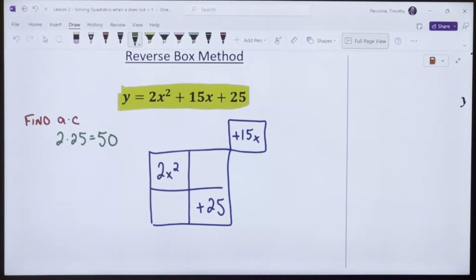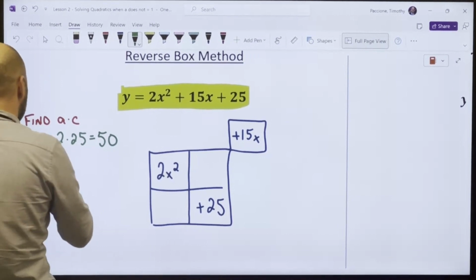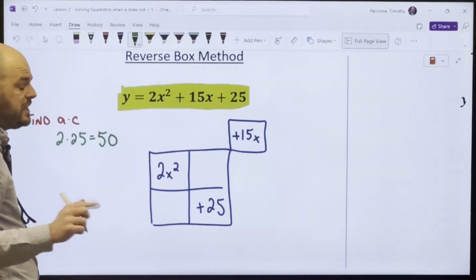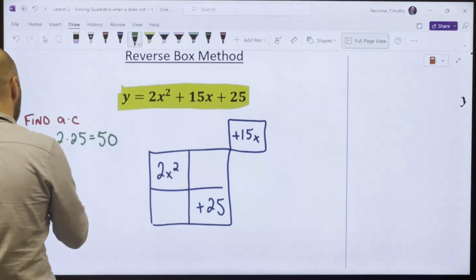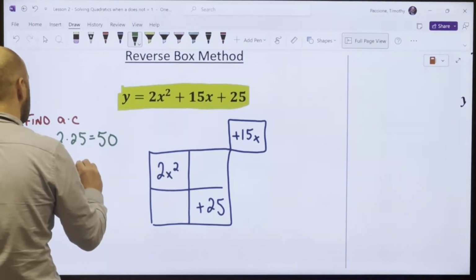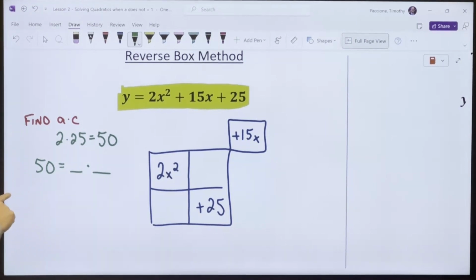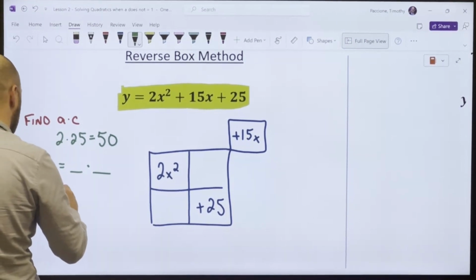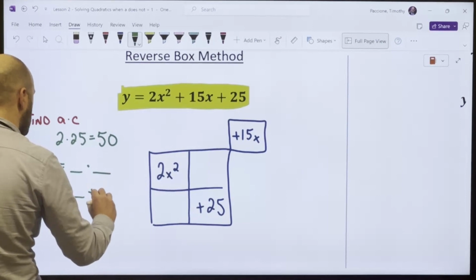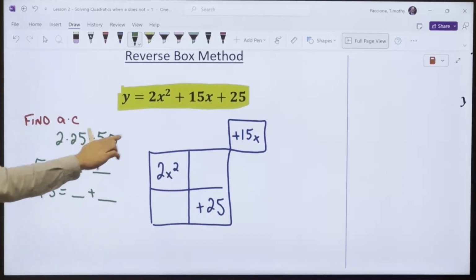Now, what I mean by target is we need to find, and this is going to be very similar to Magic X, but there's a reason I'm not setting it up that way. We need to find two numbers that multiply to give us 50, and they have to add to give us 15. So that's our target, and that's our target.